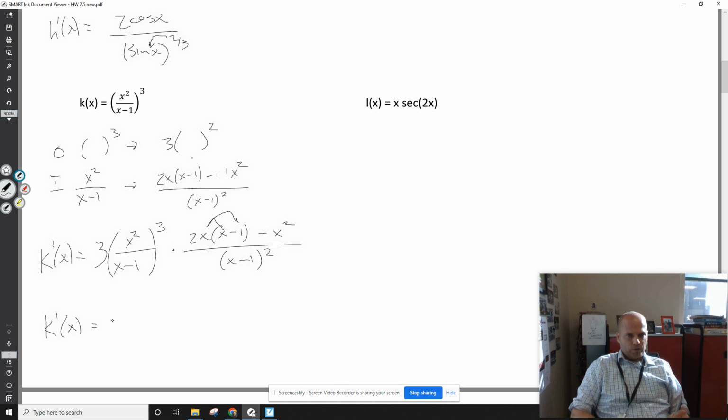All right, so first things first, we could have done this to start. Cube the top and cube the bottom. I could have written this as x to the 6 over x minus 1 cubed. You could use the quotient rule and then the chain rule with this if you wanted to. But let's just do it now.